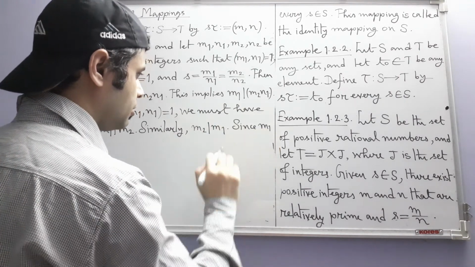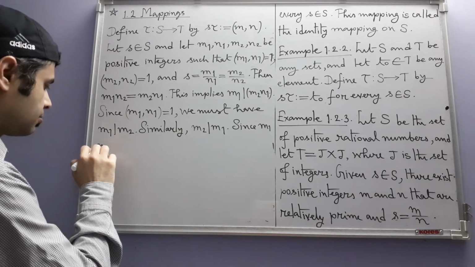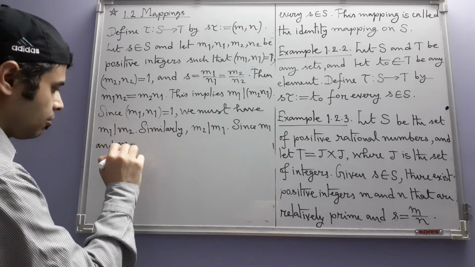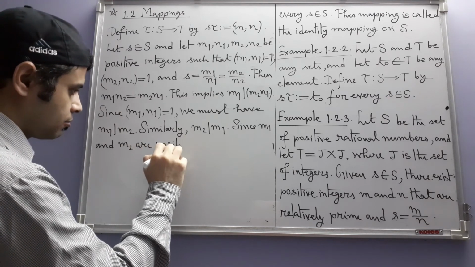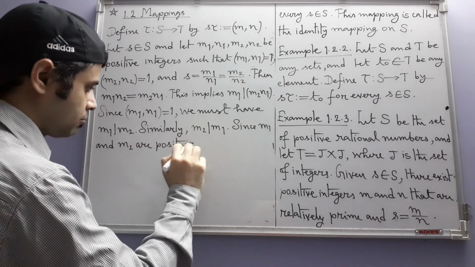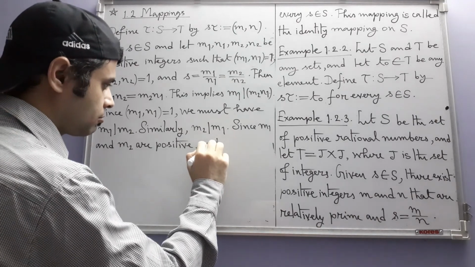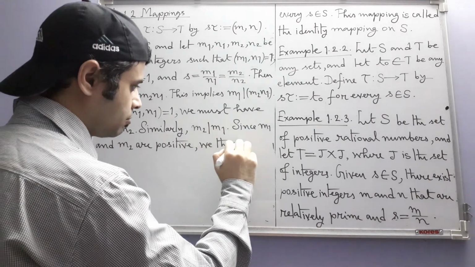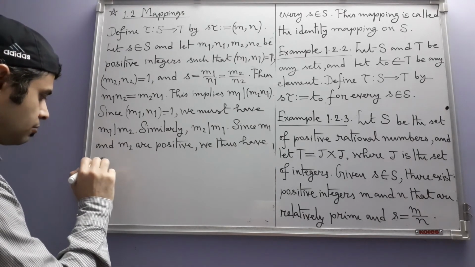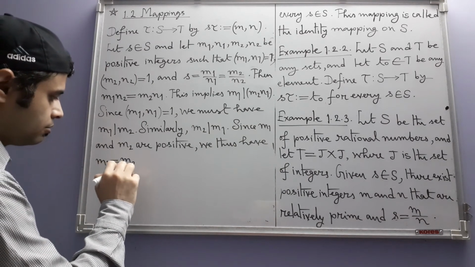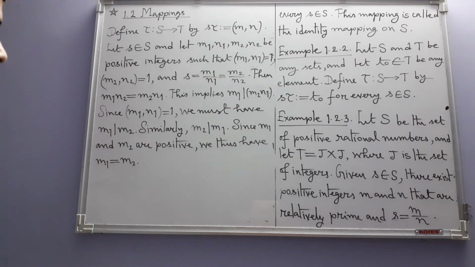Since m1 and m2 are positive, we thus have m1 is equal to m2. This is the only case in which each one can divide the other.